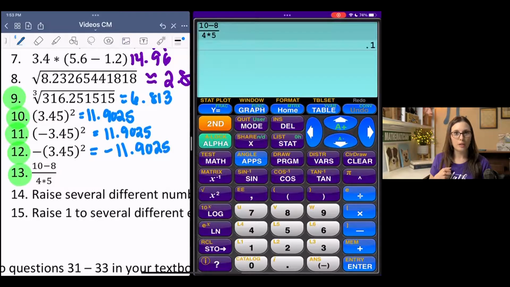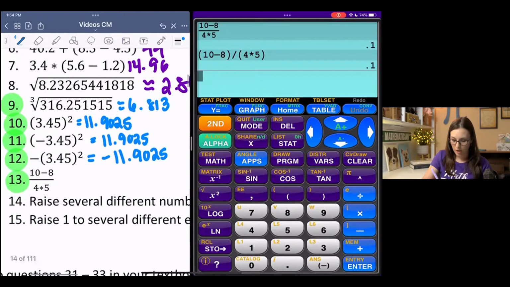But let's say your calculator doesn't have that function, then we need to tell it this is in the numerator divided by this is in the denominator. And see, we got the same solution, which means that we typed it correctly.